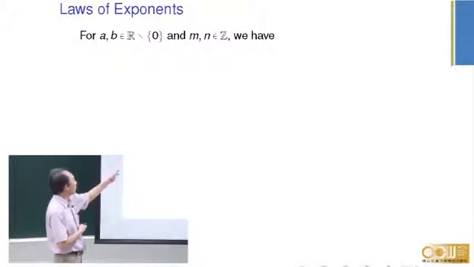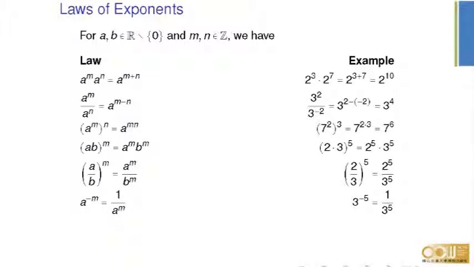We just add them up. On the other side, we have some examples. And a to the power of m over a to the power of n equals a to the power of m minus n. We just subtract the exponent of the denominator.